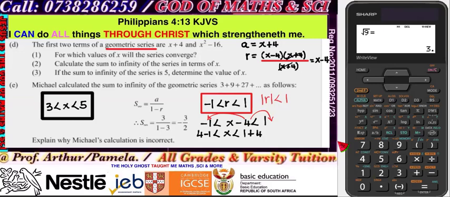It's the sum to infinity. Now, for the next one, they normally give me the x value, but whatever they give me must lie between these. Now they say, if the sum to infinity of the series is 5, determine the value of x. So S subscript infinity equals 5.